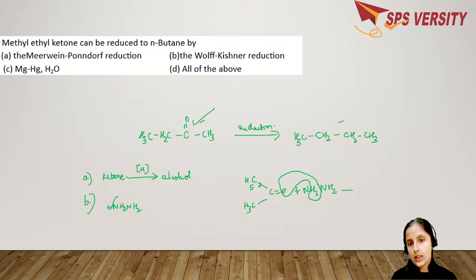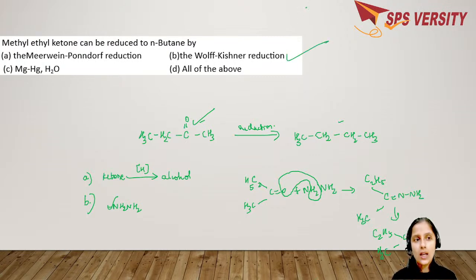You are going to get C2H5, C double bond N NH2, which is called a hydrazone. Then you hydrolyze this so that in the place of the double bond you get HH and CH3. This is the way you convert methyl ethyl ketone into N-butane. So this would be the right answer.